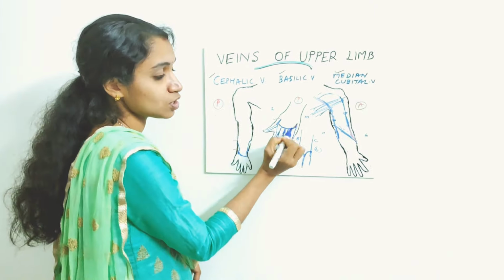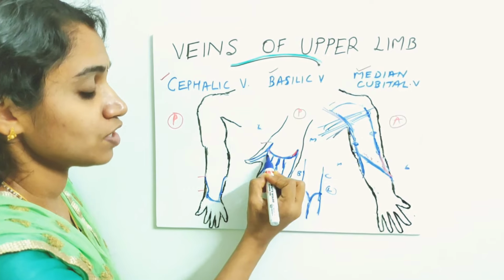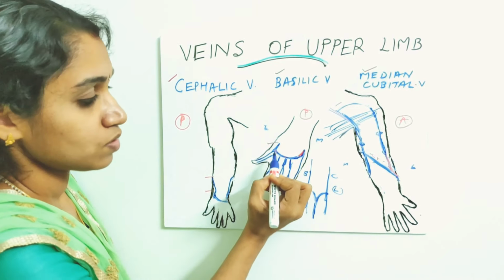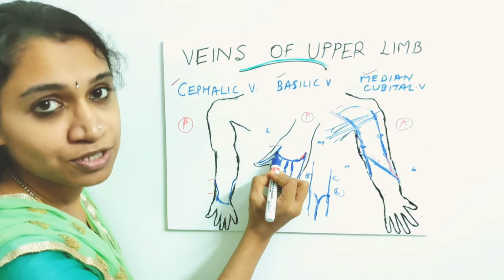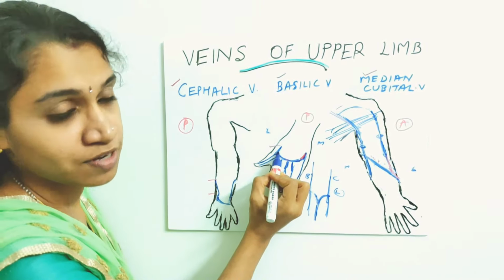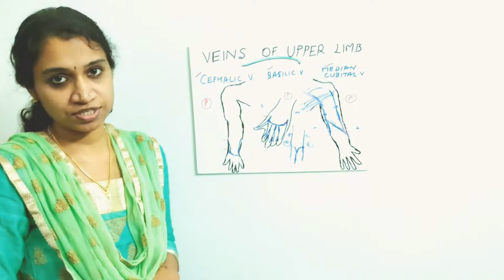So these are the dorsal digital veins on both sides of thumb, and this is the dorsal digital vein at the radial side of index finger. Both of these will join with the lateral end of dorsal venous network to give origin to the cephalic vein. So this is how the cephalic vein originates.